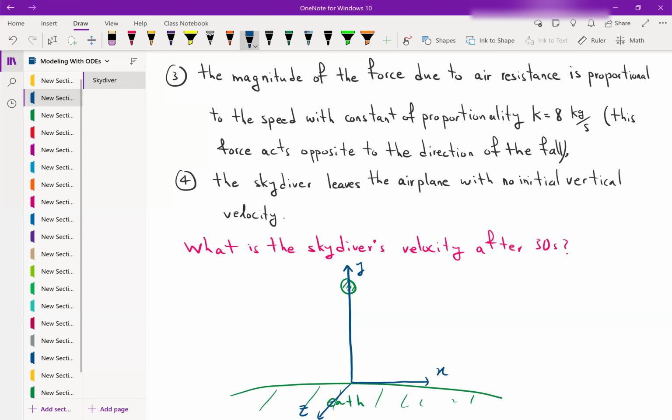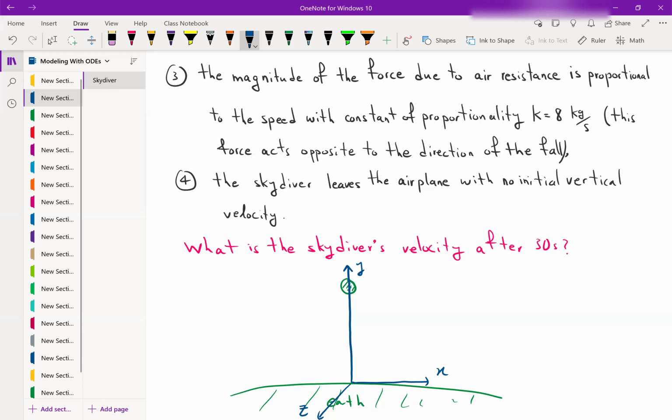The fall will be perpendicular to the surface of the Earth. And now, since the motion here is happening in just one direction, we can actually represent the position, velocity, acceleration, and force using signed numbers instead of vectors. That said, I personally prefer to work with vectors.